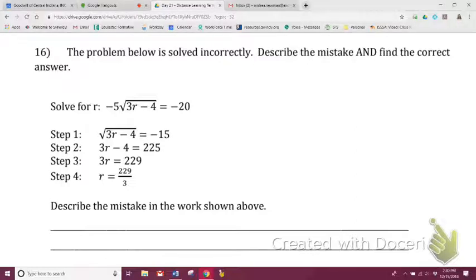All right, question 16. The problem below is solved incorrectly. Describe the mistake and find the correct answer. I always tell my students, solve this problem on your own before you look at what they did so you don't make the same mistake. What would your first step be?